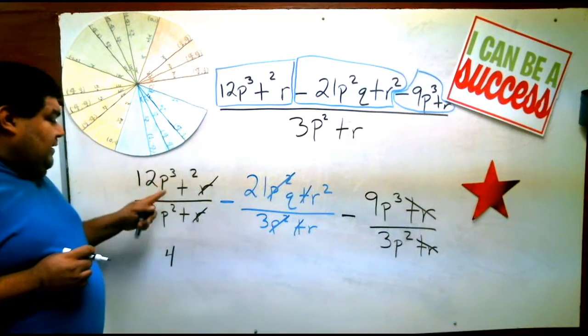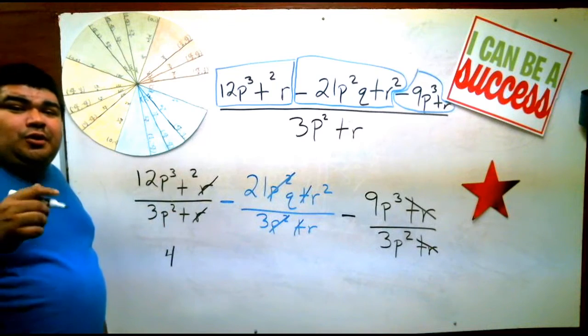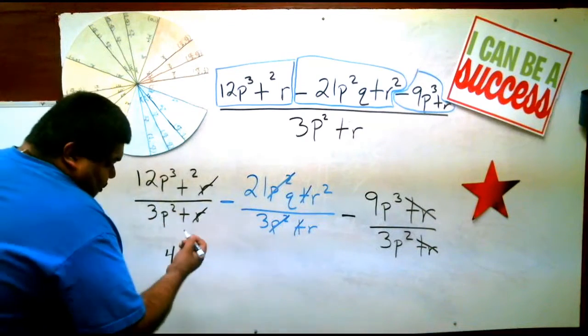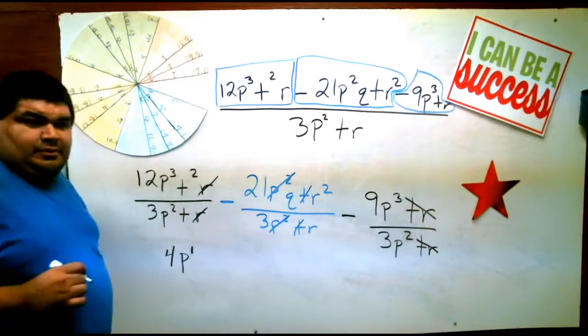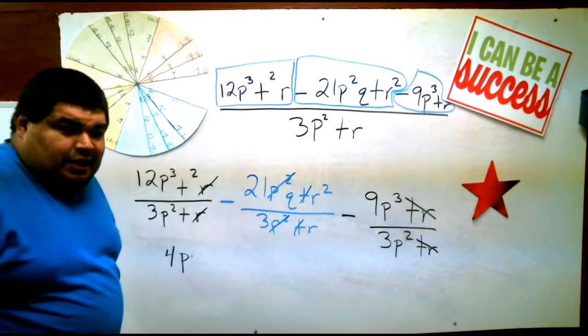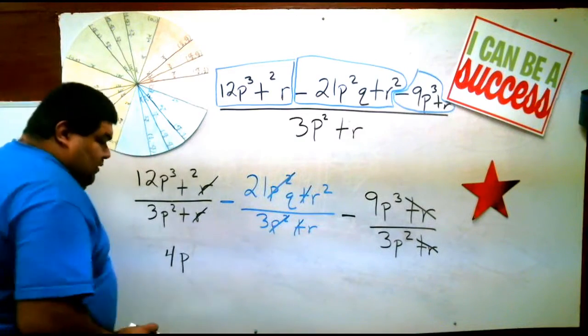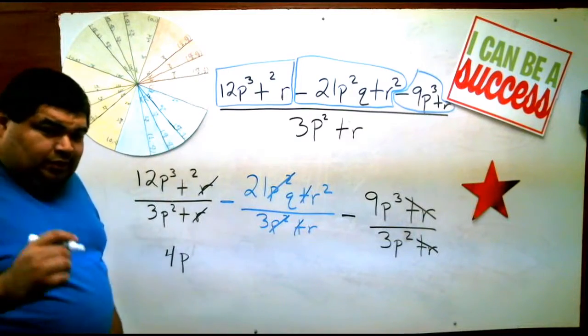So p cubed: 3 minus 2 is 1, or just p. It's up to you how you want to see it. Just keep in mind that when there's no exponent, it's a 1.